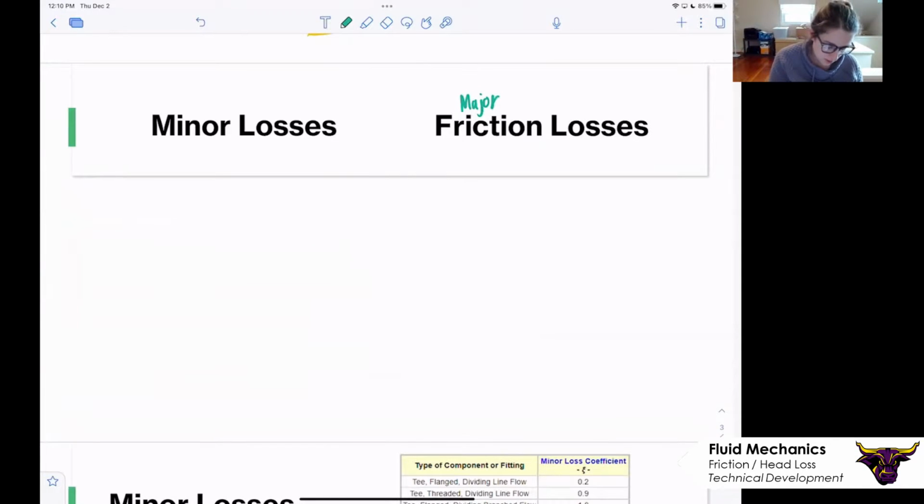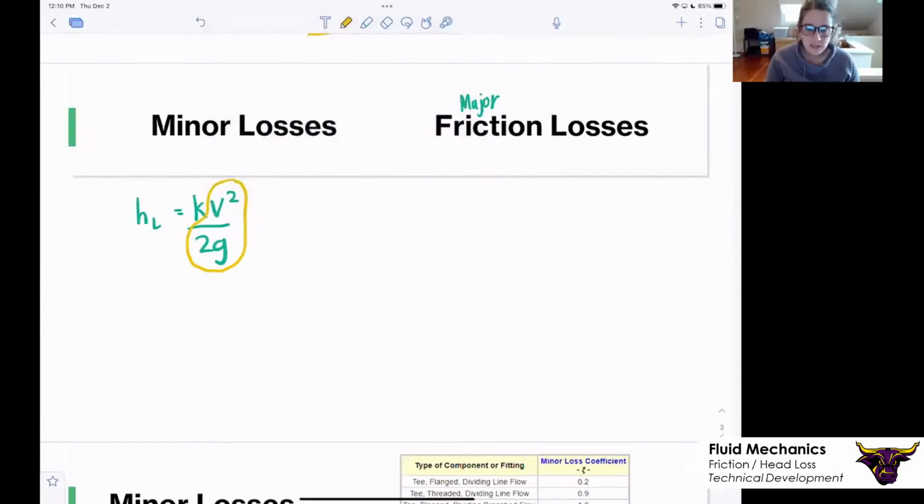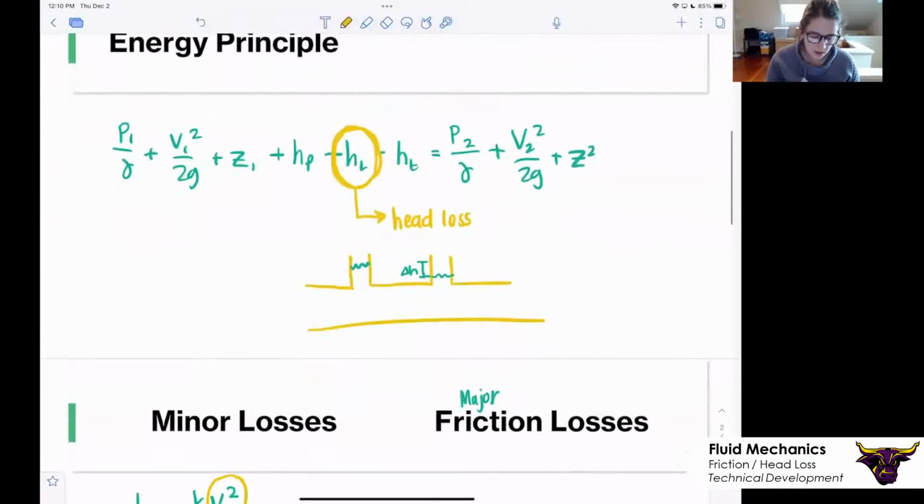So minor losses, we are going to have the equation HL is equal to K V squared over 2g. Part of this equation should look very familiar. Specifically, this V squared over 2g should look very familiar because we just saw it in our energy principle, which in this case is just a measure of our velocity head.